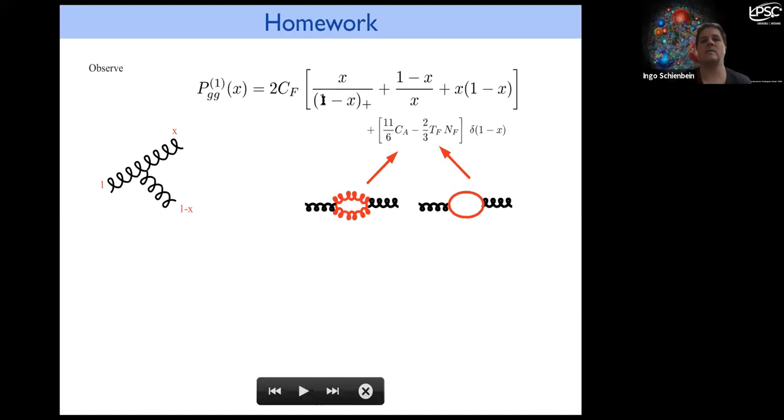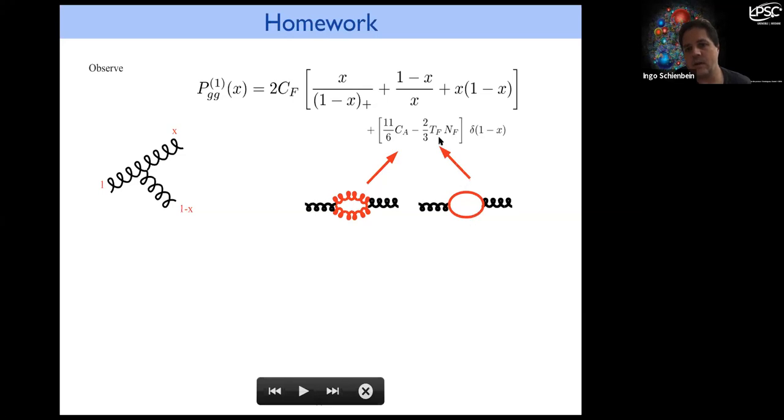Yeah, and then in the P_gg, this delta function distribution comes from those two diagrams. One is the gluon loop, which goes with the color factor C_A. If you calculate this, this gives you the Casimir in the adjoint representation.